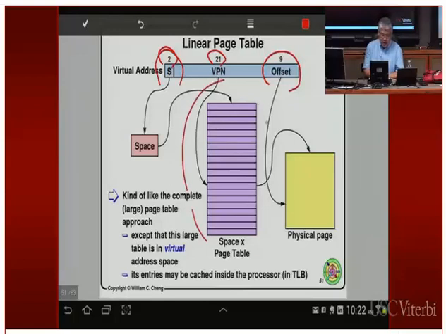So therefore, this entire page table, even though it's pretty large, sits in virtual space. In that sense, a lot of these entries you don't have to supply, because they don't really have to be present, so you can have a big hole in the middle of the page table. This way, only the top entries are valid and only the bottom entries are valid for a conventional program. Again, for a conventional program, at the low address space you have the code segment and data segment.